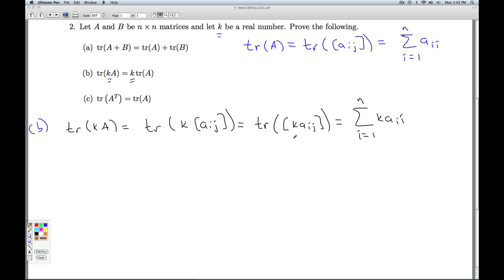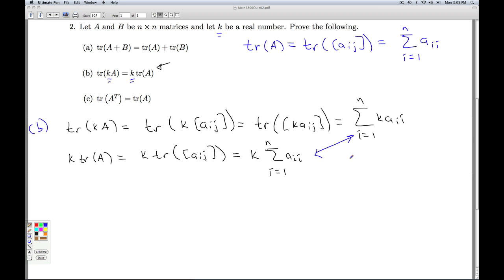What I need to do now is compare that to k times the trace of A. So k times the trace of A is k times the trace of the matrix a_ij. By the definition of trace, that's the sum i equals 1 to n of a_ii, so we're adding up the diagonal entries. Now I just need to compare what I have here to what I have here.